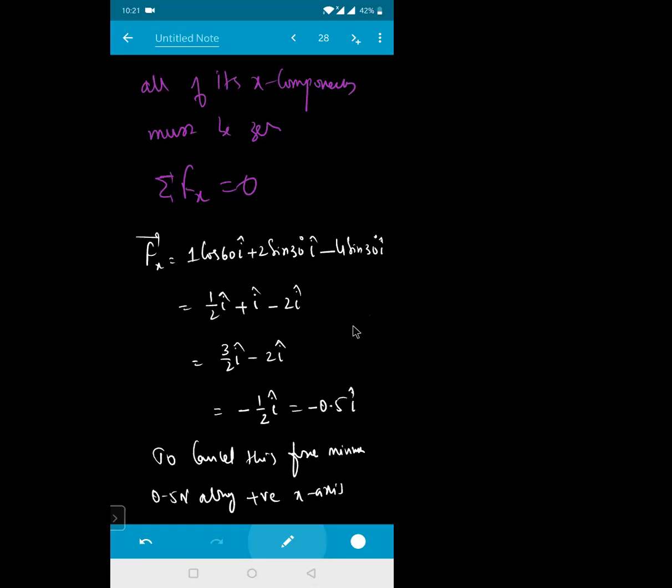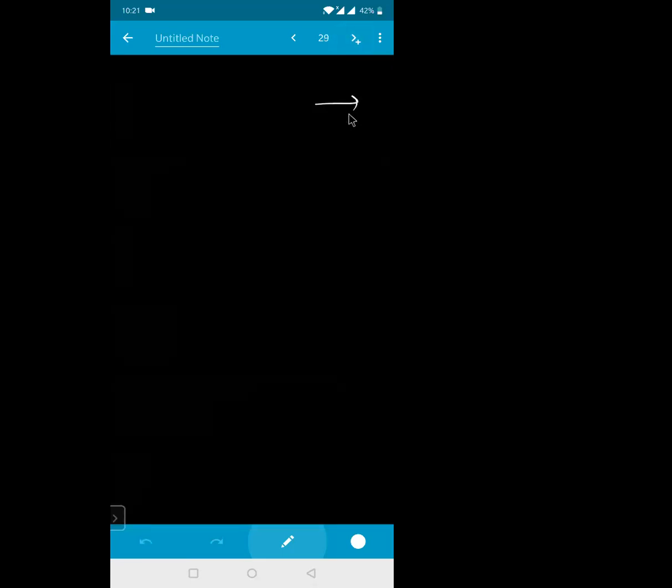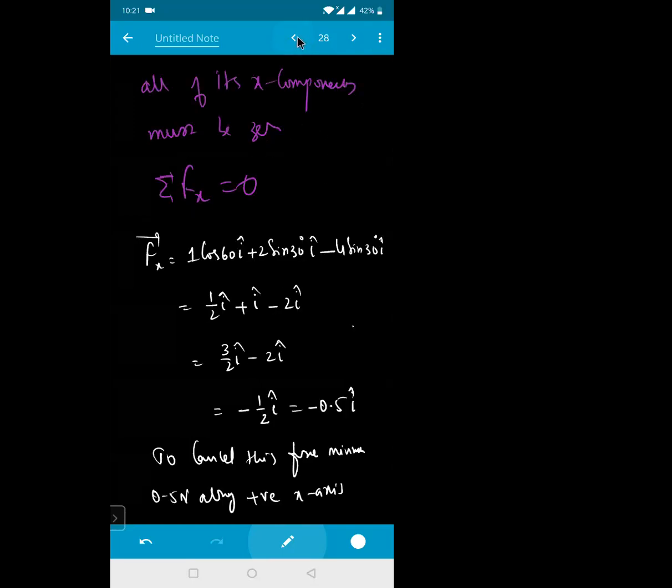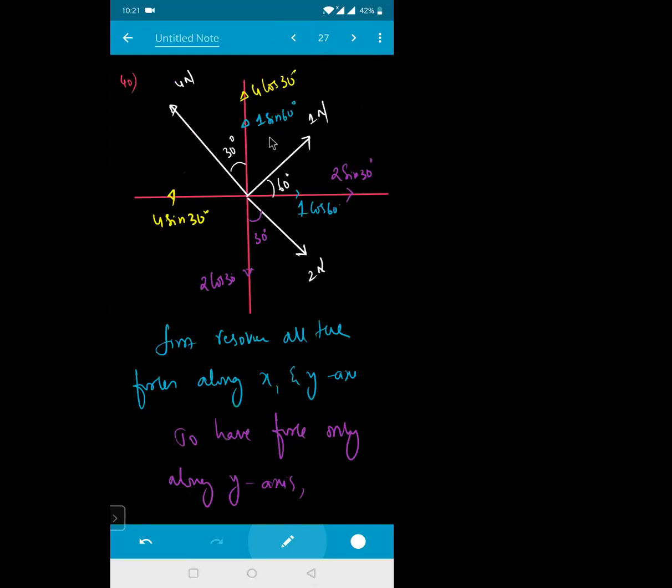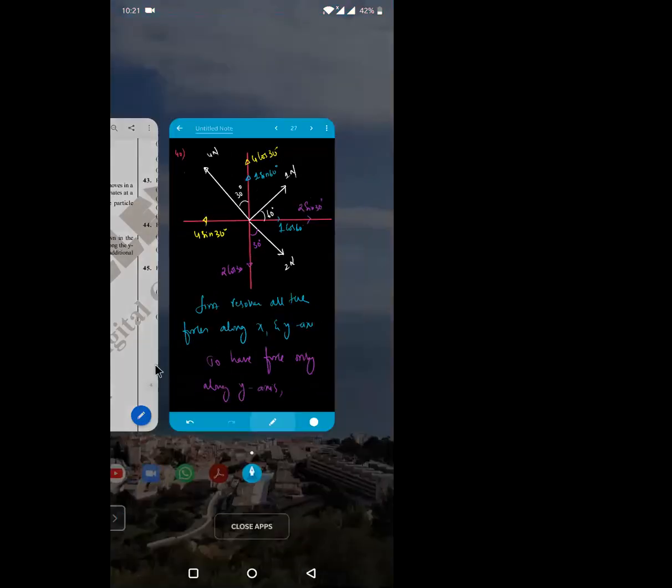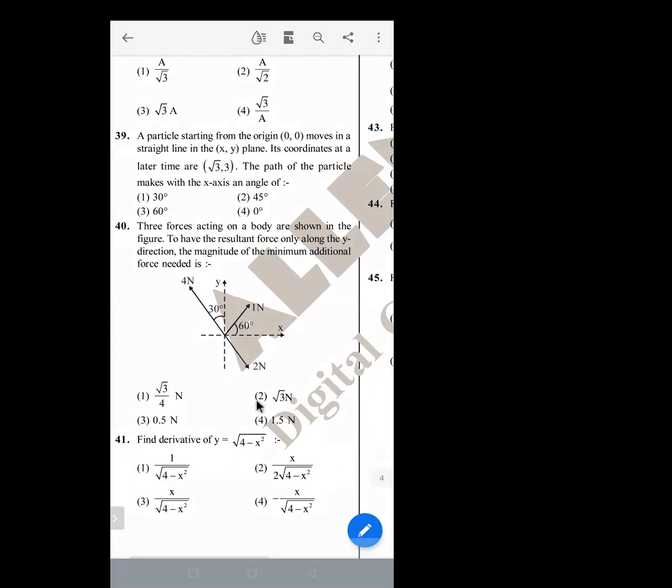Right? Here we have 0.5, and here I have 0.5. So net force along x-axis becomes 0. So there is no force along x-axis, and the net force will be only along your y-axis. So what is the answer you can write for this one? 0.5 Newton. In which direction? Positive x direction. Clear?